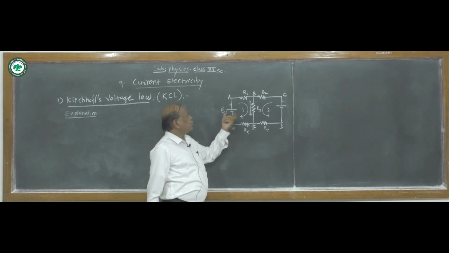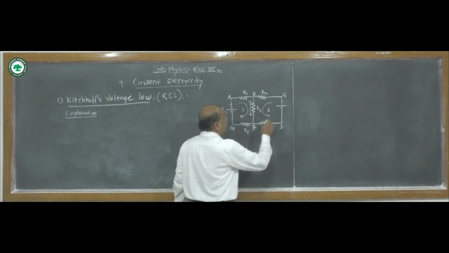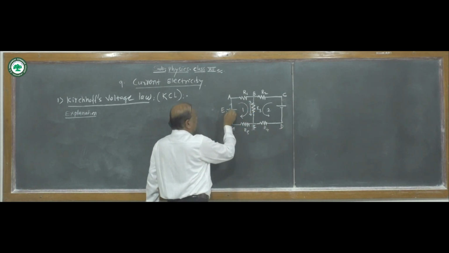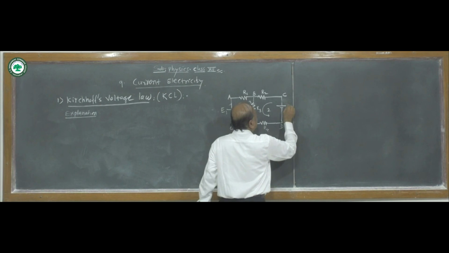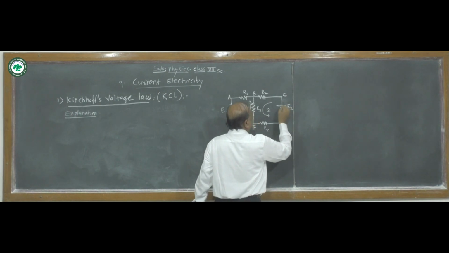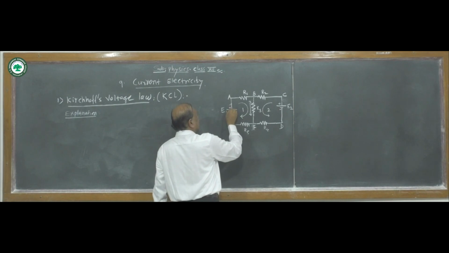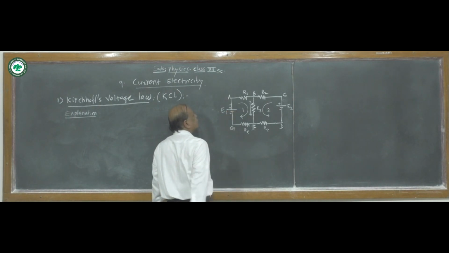Here are two sources of EMF, E1 and E2. This is the positive terminal of source E2, and this is the positive terminal of source E1.